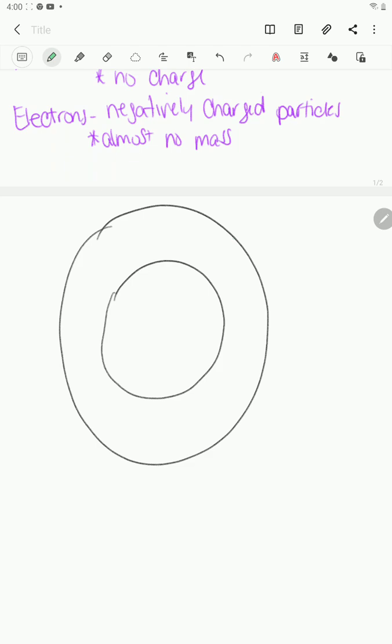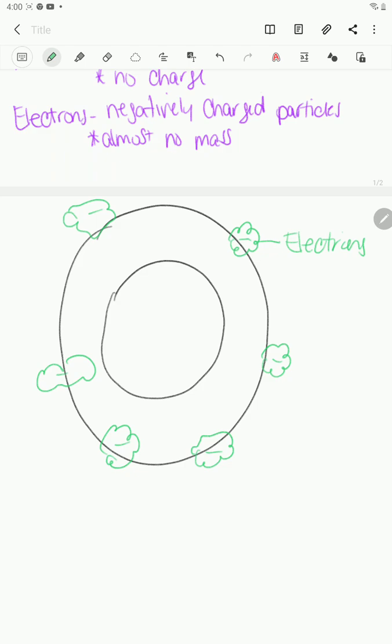We'll put one here, and one here, and one about here, and here, here, okay? And we'll put one right here too. And all these will have a minus sign in them. So since they have a minus sign in them, that means these are electrons, right? Because remember, electrons are negatively charged, okay?